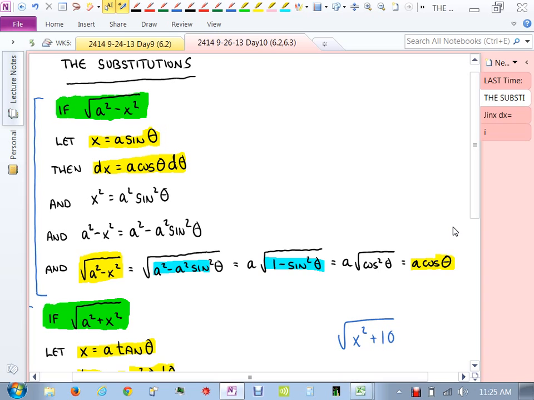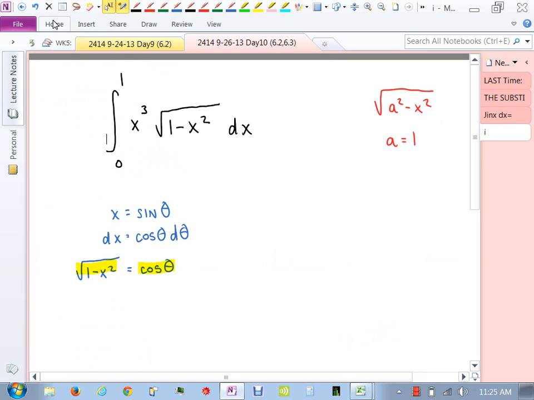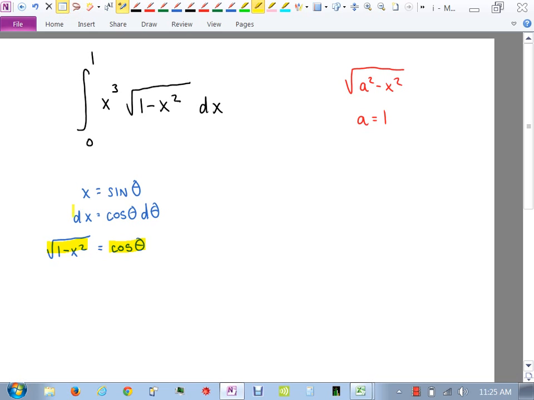I can show it. All right, so I'm taking this, I'm squaring it. And then I have 1 minus it underneath that square root. And then I have the square root of that.